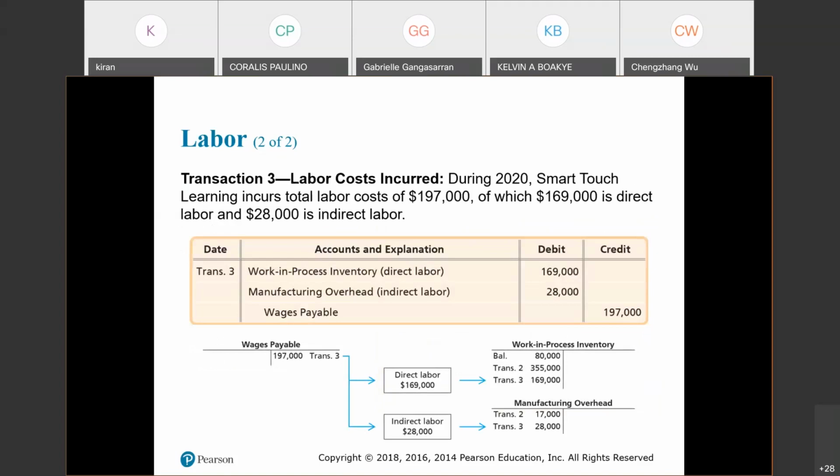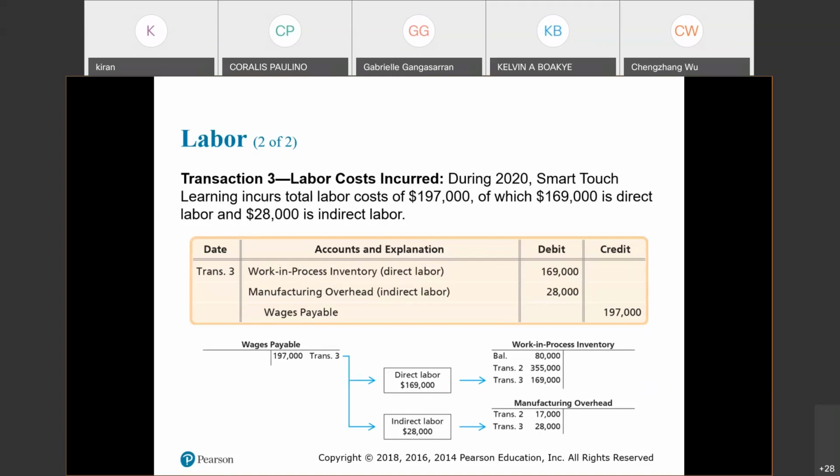So for the next transaction, the labor is incurred for job 27. During 2020, transaction 3, Smart Touch Learning incurs total labor costs of $197,000, of which $169,000 is direct labor and $28,000 is indirect labor.